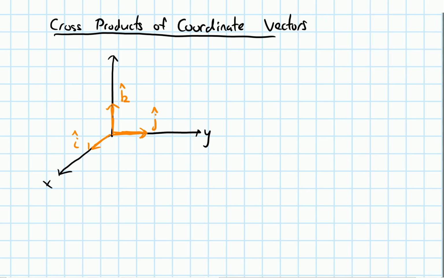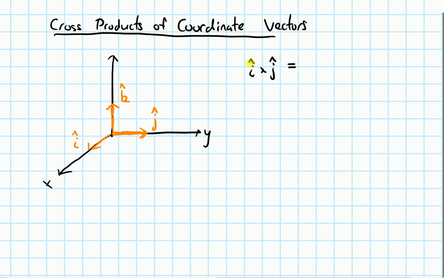So if we were to take the cross product of i hat with j hat, now that you've paused the video to watch that video on the right-hand rule, actually no. This one, let's just say what it is together, and then for the other ones, I'll have you pause it.